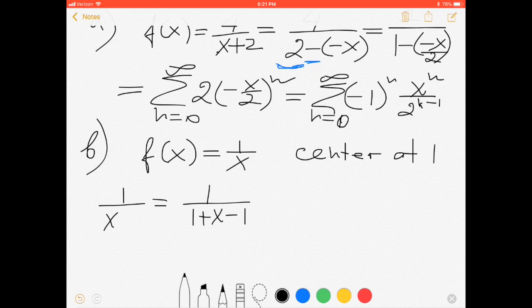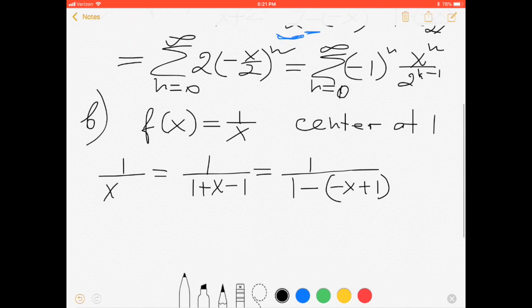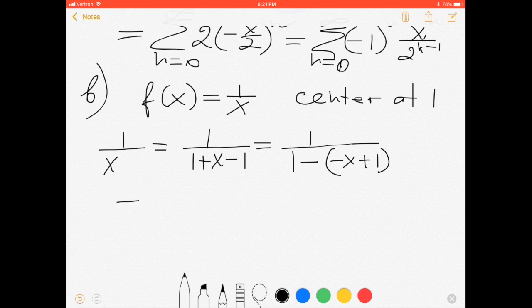I add 1 and subtract 1, so nothing changes. Here I rewrite 1 over 1 minus, then I need minus x plus 1, so I have minus x here and plus 1 there. Now we have a geometric series.